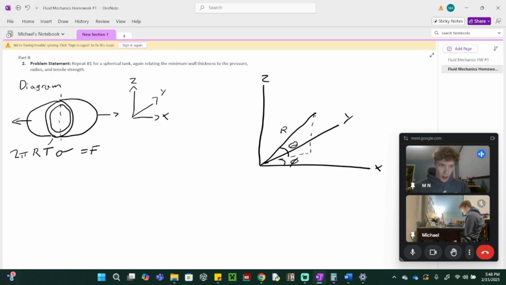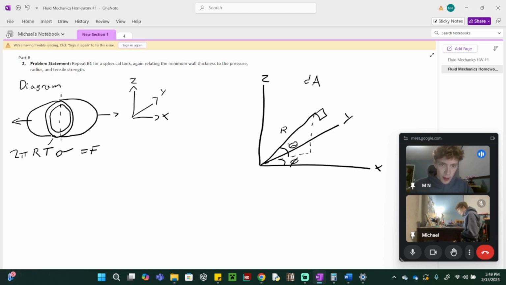So we're going to draw out this differential area. So it kind of looks something like this. Let me redraw that. Something like that. So we need to find the lengths of these two arcs right here in order to find this differential area. So we're trying to find dA.